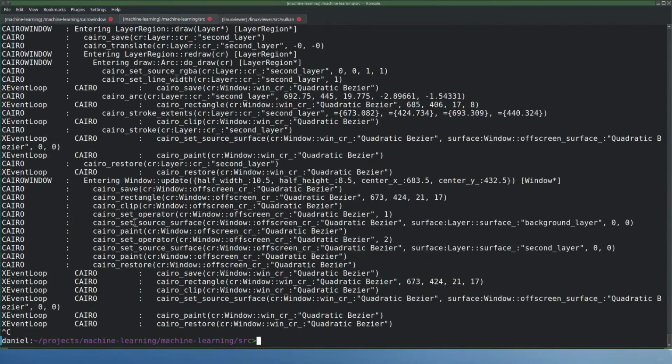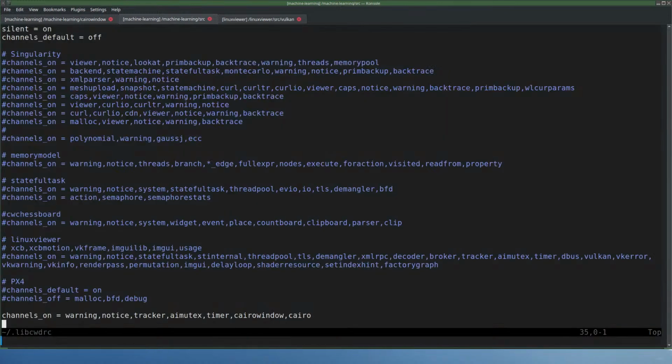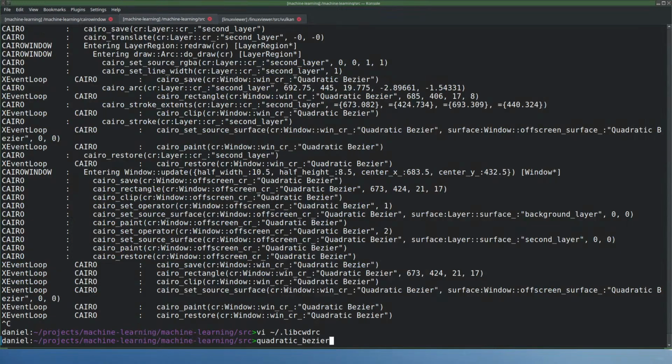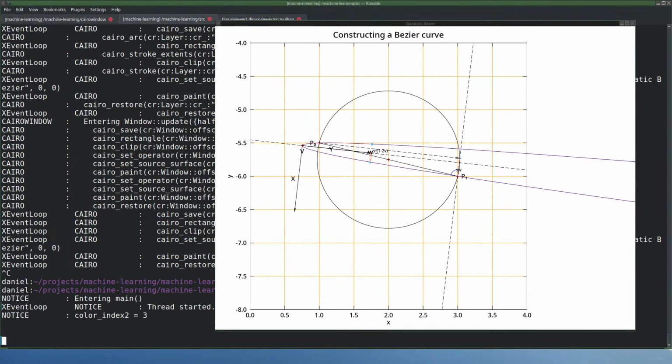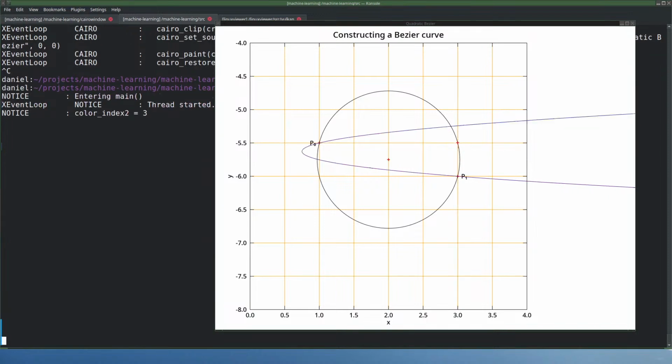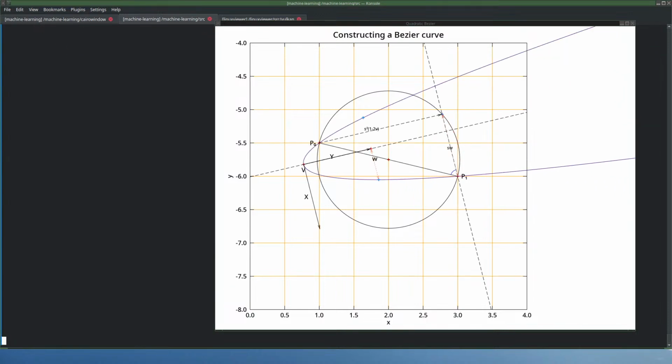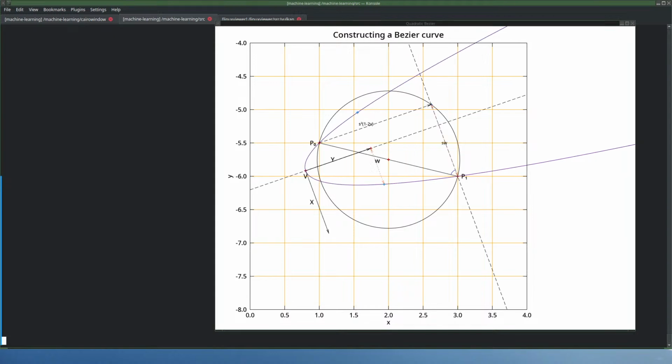It's really too slow, so I'm going to turn off the debug output again. Yep, very good. We have an arc.